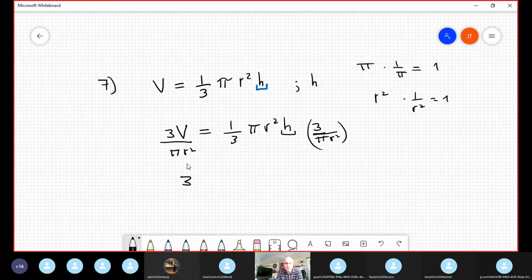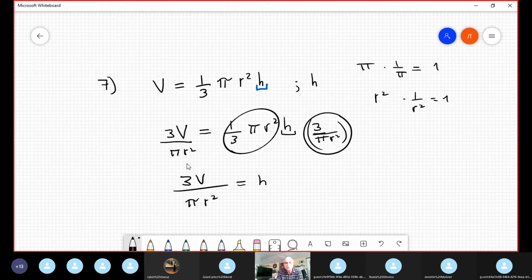Okay, so magically 3 times the volume V over pi r squared is equal to h, because this and this are reciprocals, and the multiplication of the reciprocal is 1, and 1 is an invisible multiplier. And this is my beautiful final answer.